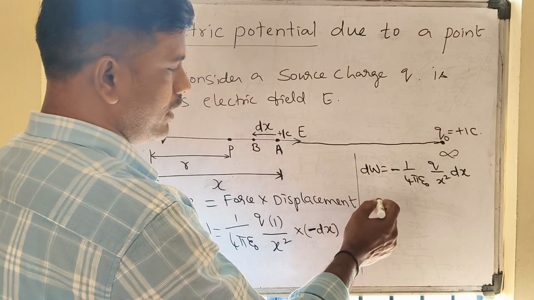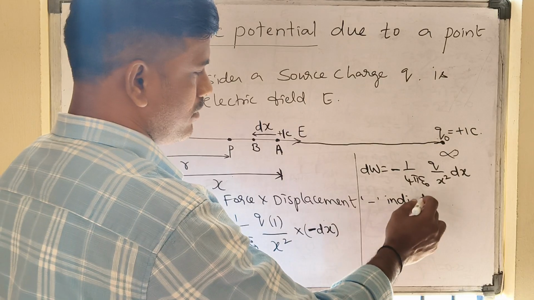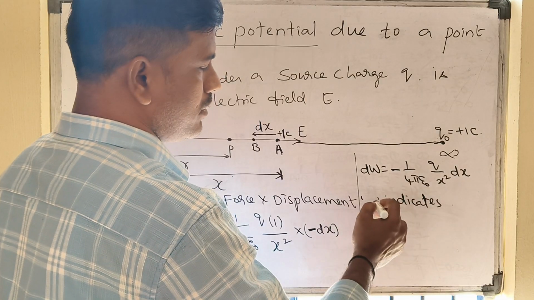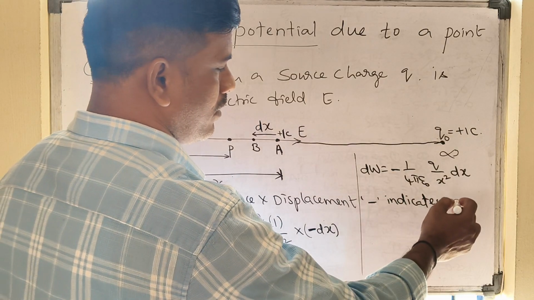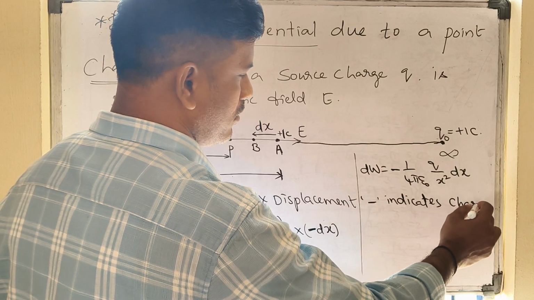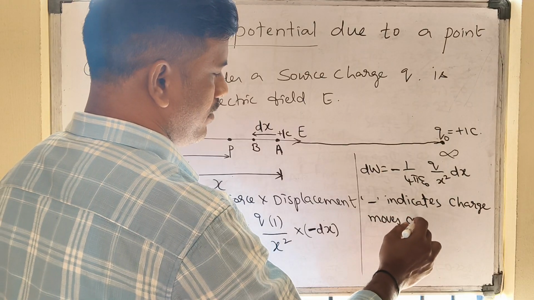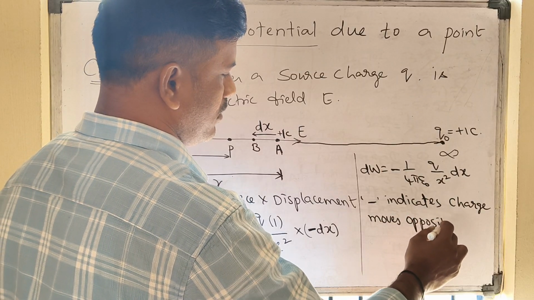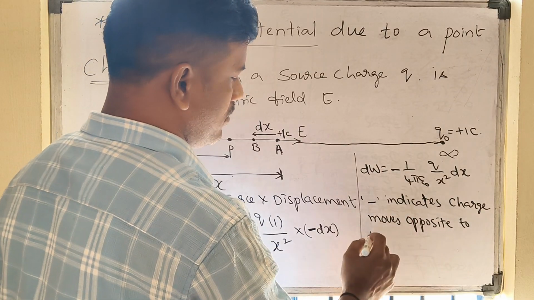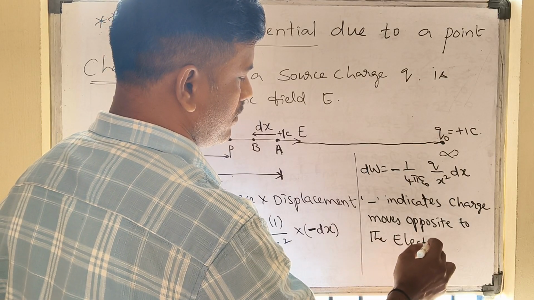So the minus indicates the charge moves opposite to the electric field direction.